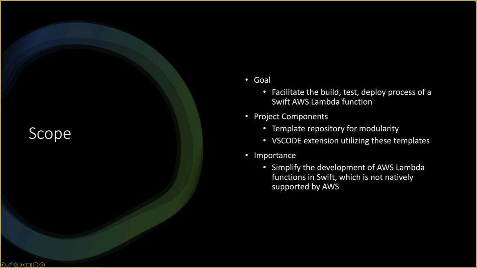This means that when you go on AWS Lambda and you create one, there are some languages that are supported by default, like Java, JavaScript, or .NET, but not Swift. Swift requires some extra steps, which I will talk about later.